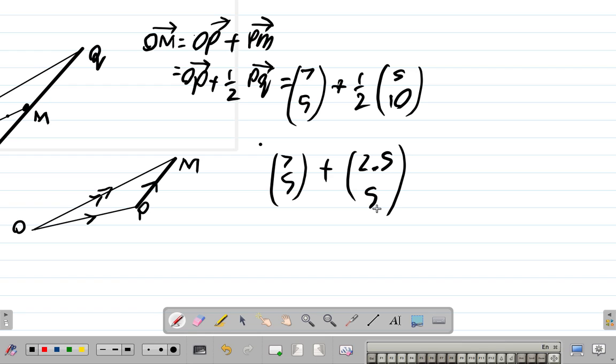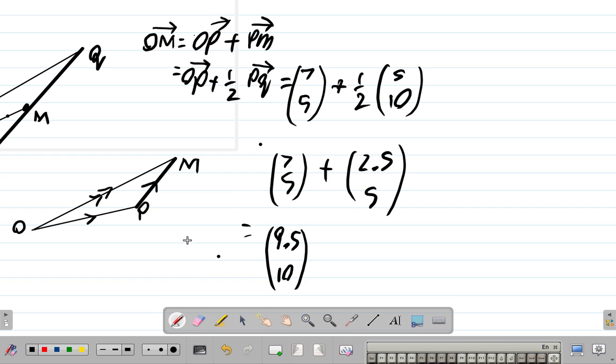Remember, the half multiplies each number inside the brackets, so half of 5 is 2.5, half of 10 is 5. So what you end up with here is 7 plus 2.5 would be 9.5, 5 plus 5 is 10. So it's 9.5,10. You see that?